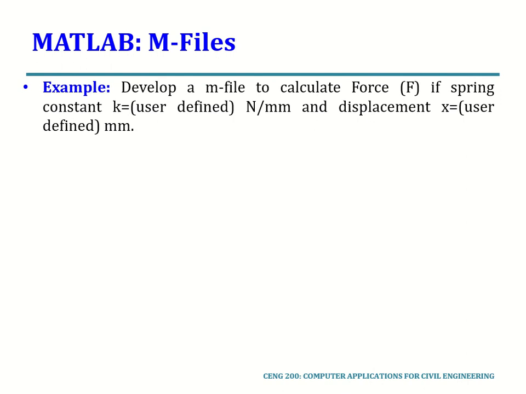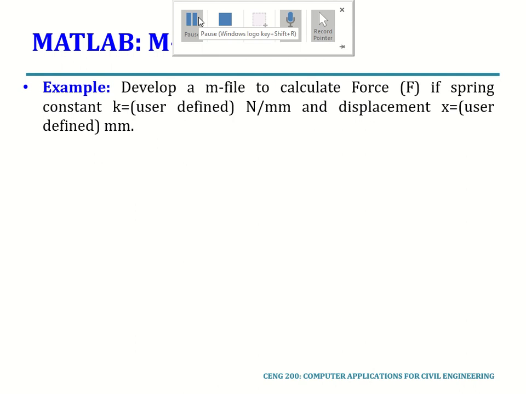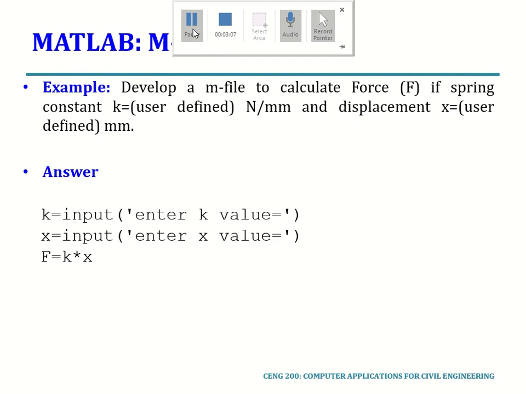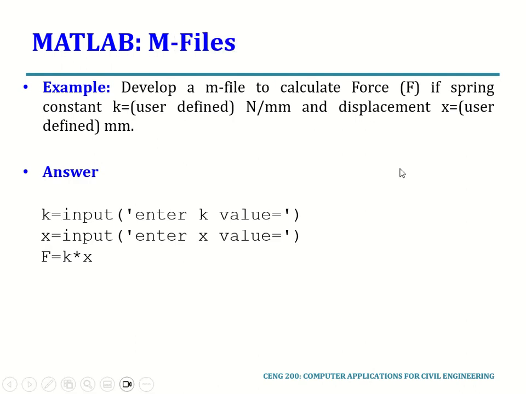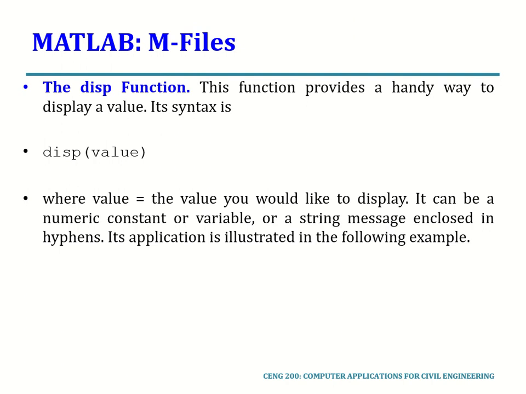Okay, so the program should ask the user to enter K and then enter X. So when you start the program, you start with two input commands, one for X and one for K. So this is it, very easy.